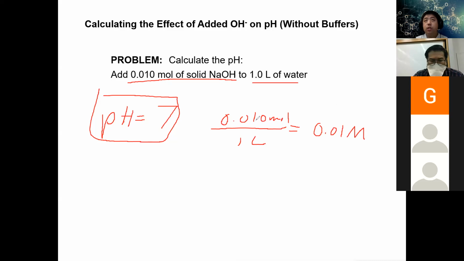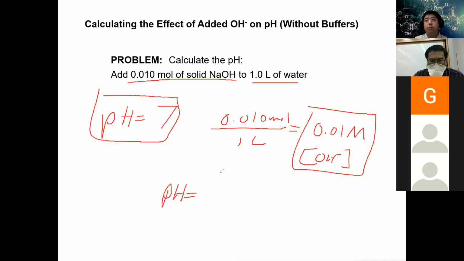Yep. This is the concentration of OH minus, and I have nothing else that's going to interact with this buffer. I want you to calculate the pH given this information here. Find the pH of the solution based on what I have just added in. Give you a few seconds to do that.